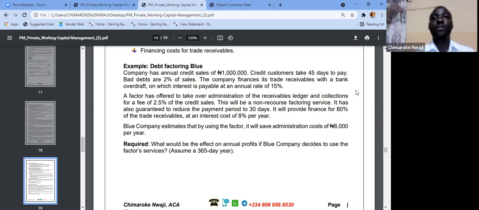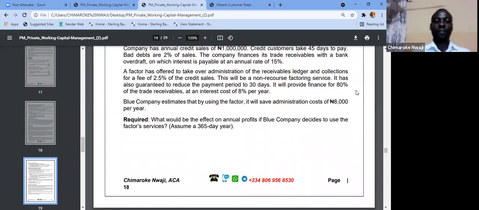Those administrative costs could be cost of calling, cost of going to meet the customers, paperwork and all that. It will reduce that administrative cost by 8,000 naira a year. Required: what will be the effect on annual profit if Blue company decides to use the debt factor service?